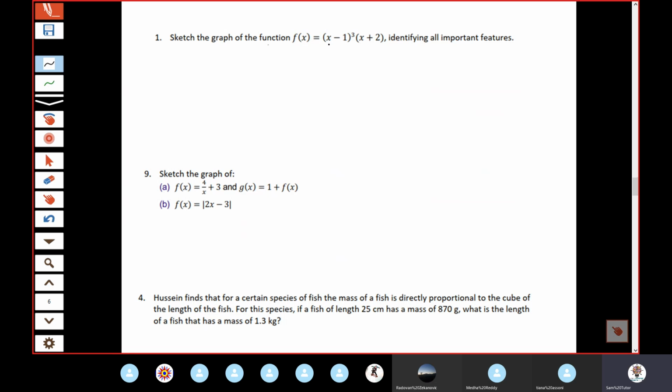What's the highest power of the polynomial? The whole polynomial, 4. So the whole polynomial, the highest power is x to the 4. That tells you where to start. You're going to start at the top, right? Because that's where your even power starts. This guy, x plus 2, what does it tell you to do?